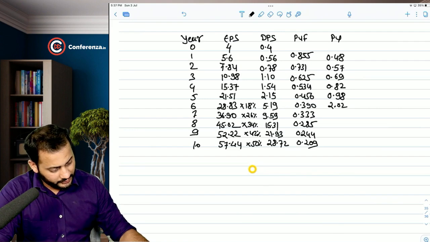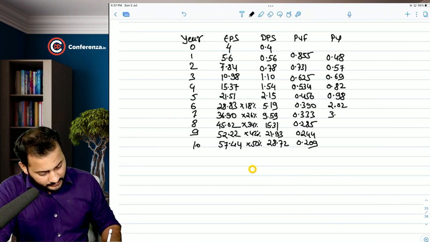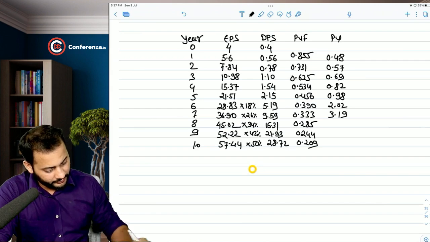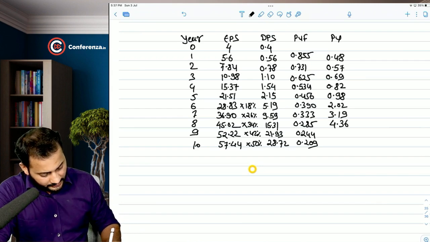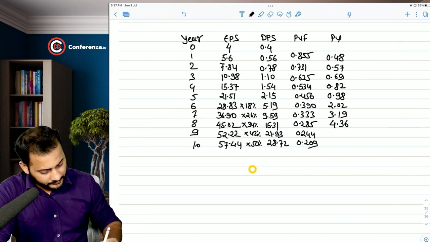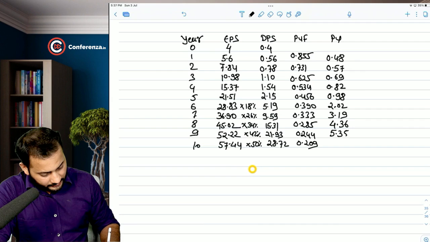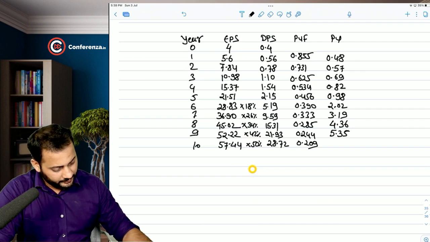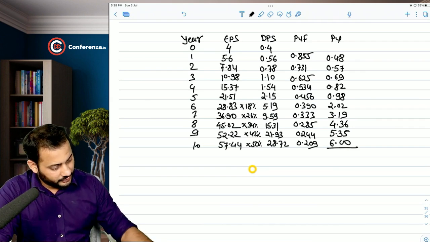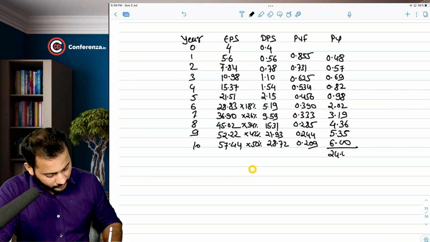9.59 into 0.333, 3.19. 15.31 into 0.285, 4.36. 21.93 into 0.244, 5.35. 28.72 into 0.209, 6 rupees. If we do the total, it gives us 24.47.